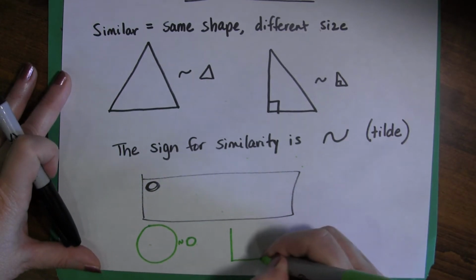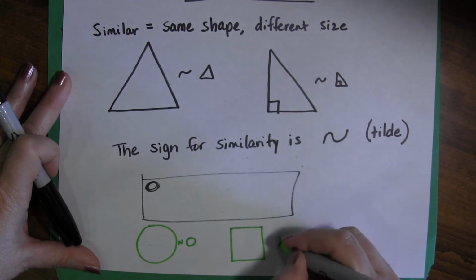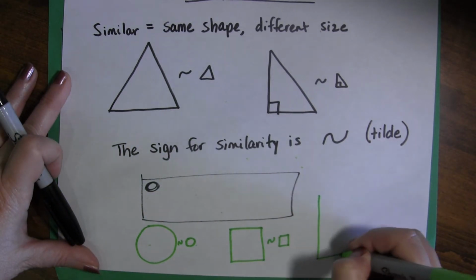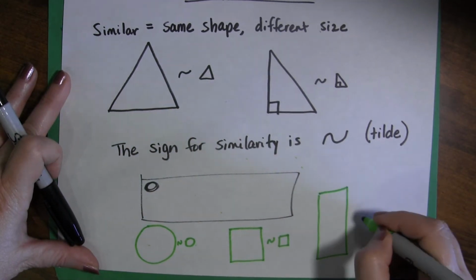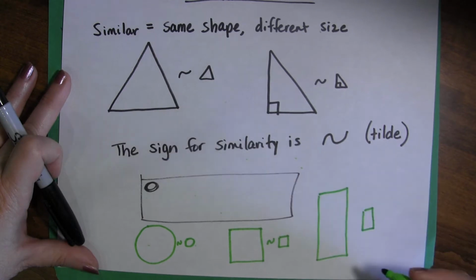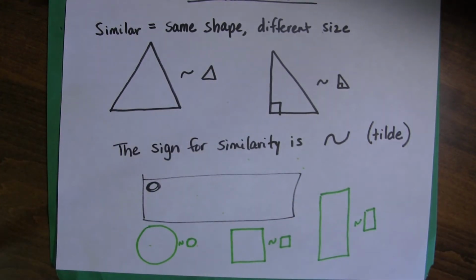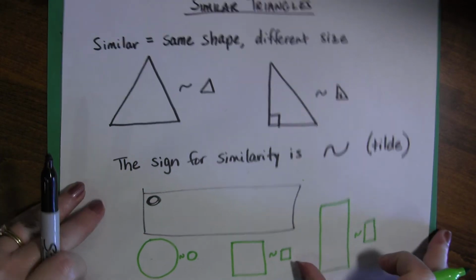The same thing with a square. Here's a big square and here's a little square. Again, they are similar. You can even have it with rectangles. Similar. So, just so you are aware, we're going to be talking mostly about similar triangles, but the concept of similarity can be applied to a lot of different figures.